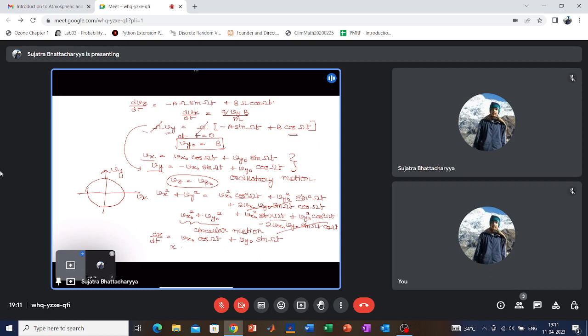Therefore x comes out to be Vx0 sin omega t by omega, just integrating it with respect to time, and Vy0 by omega, and sine integration becomes minus cos, isn't it? So this is what we are getting. Similarly, we can write the expression of y.